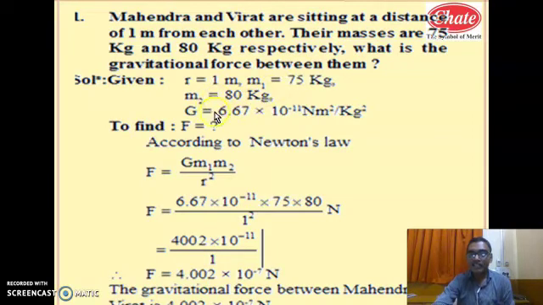To calculate the gravitational force, there is one constant term, G, equal to 6.67 into 10 raised to minus 11 Newton meter square per kg square. The formula to find the gravitational force is F equal to G m1 m2 by r square, according to Newton's universal law of gravitation.